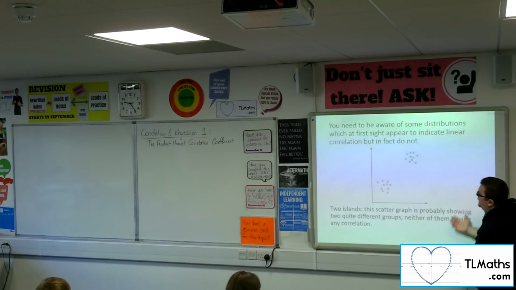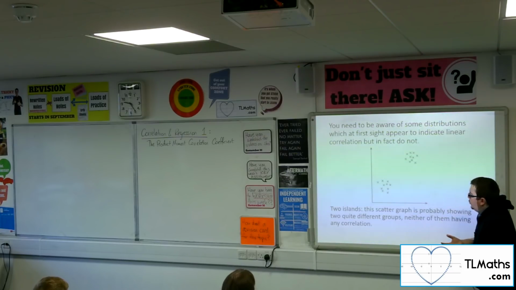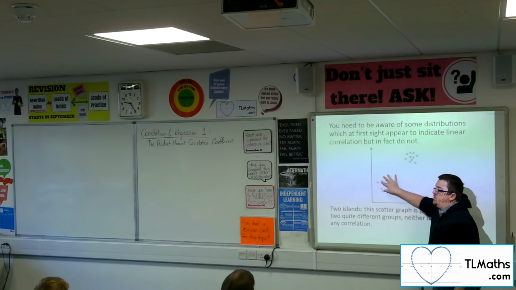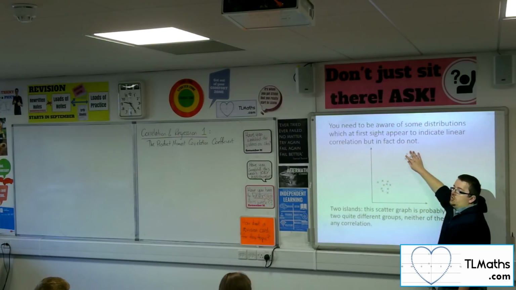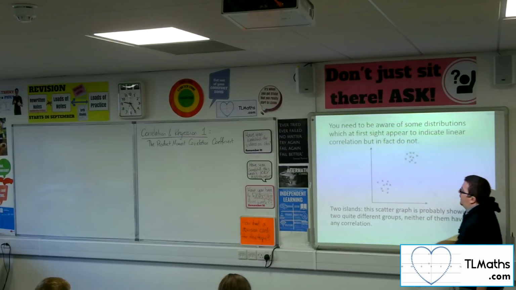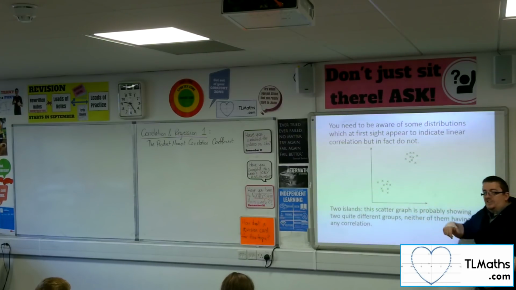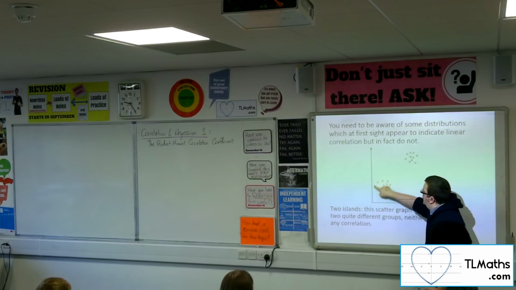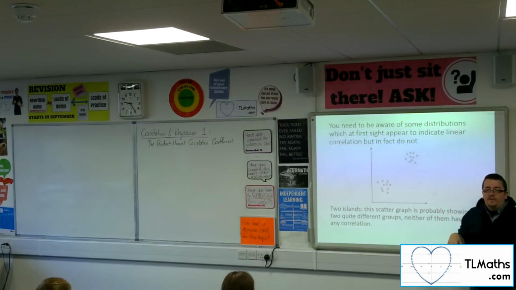It could be, I don't know, shoe size and height, between some 4-year-olds and maybe some 18-year-olds. I've collected that data and plotted it all together, and what's happened is that we've got two distinct groupings here, and together you might think it looks like it's going up from the bottom left to the top right, and it's positively correlated.